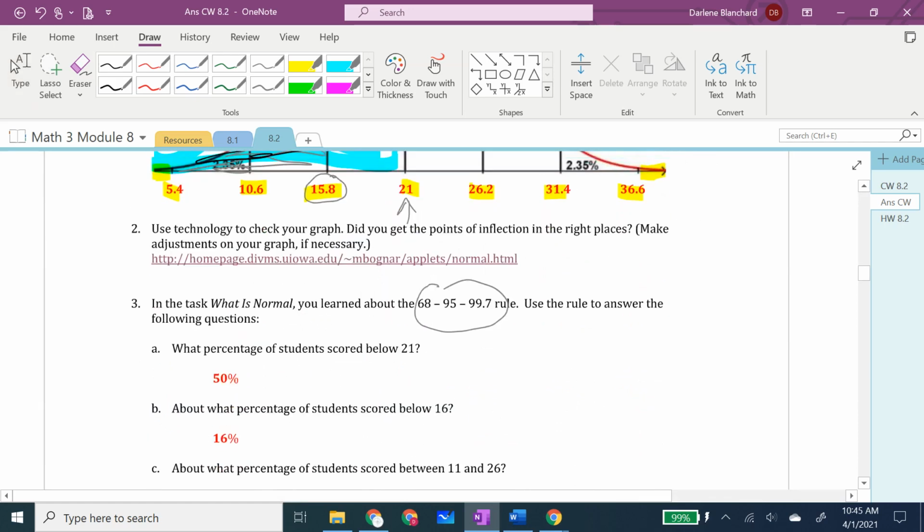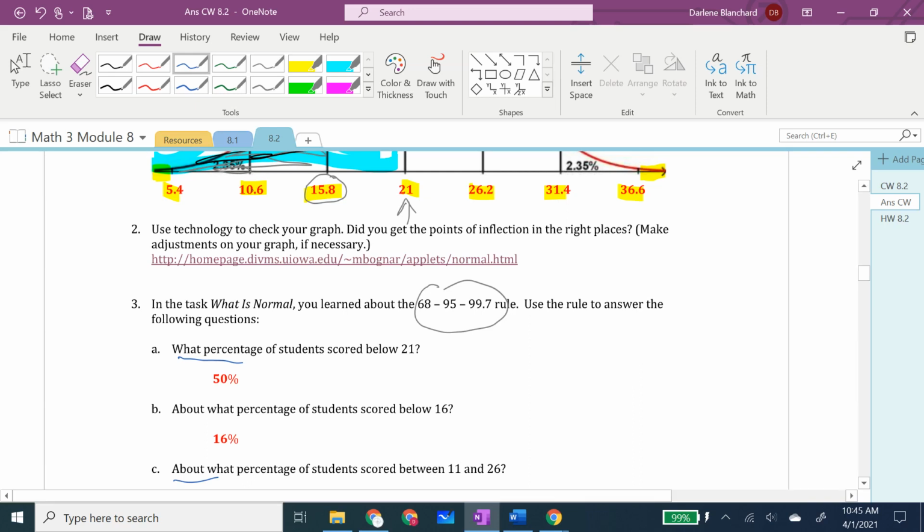The next question is about what percent scored between 11 and 26. So again, it's about what percent. It's not asking exact. A asked exact because it gave you the median. You know 50% are under the median. That's how it is normally distributed.